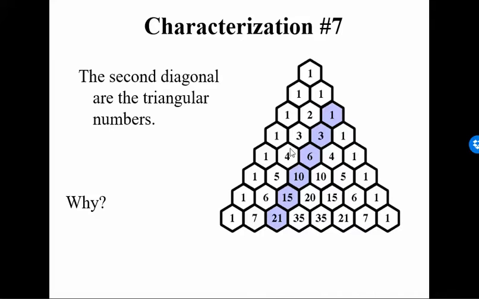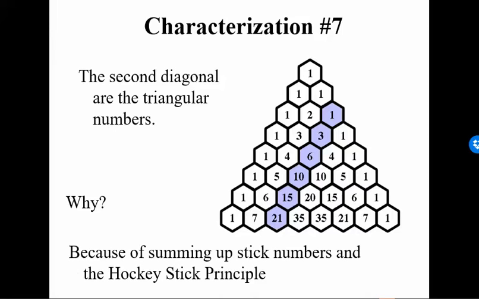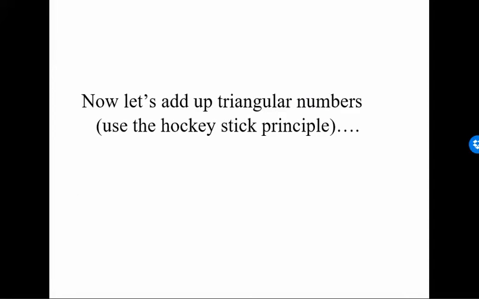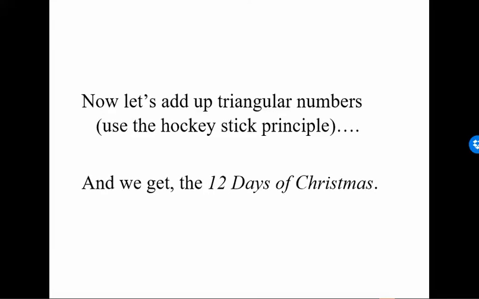If you sum up sticks, you get a triangle. Now that we have the triangular numbers, we're going to apply that and the hockey stick number to add up the triangular numbers. And we get the tetrahedral numbers.